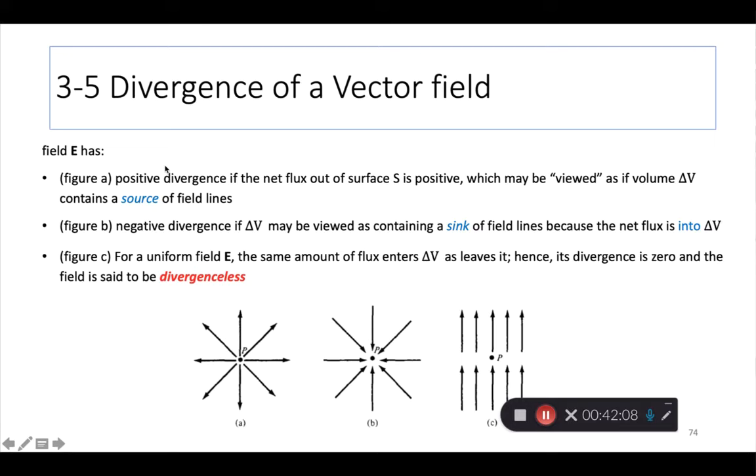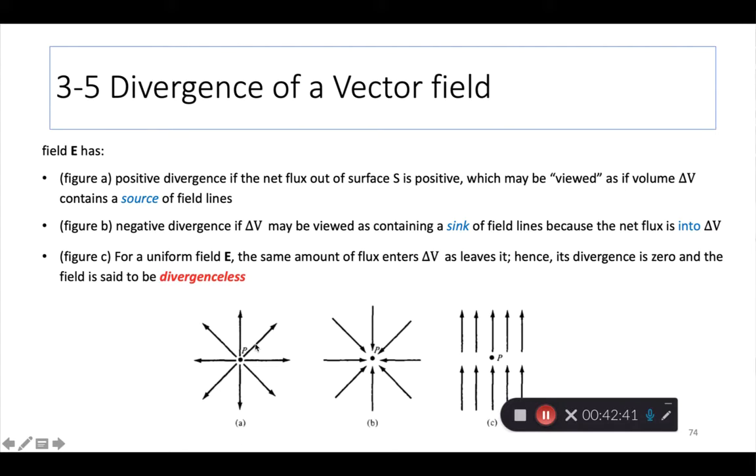Field E, for example, can also be described in terms of the divergence by looking at these drawings. A, for example, is said to have positive divergence if it contains a source of field lines. This point P seems to be a source and all the flux is coming out of it. In such a situation, we say it's a positive divergence of this field.